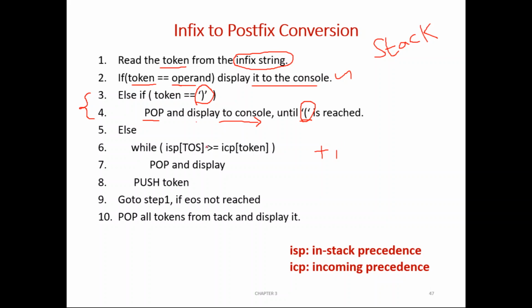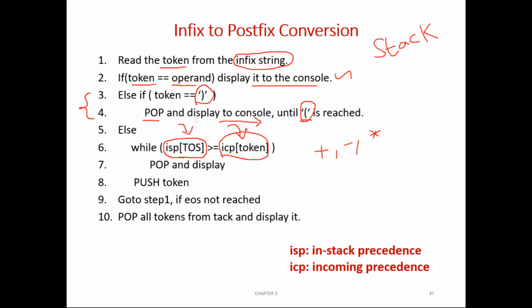So what we have to do is check the precedence of the element which is at the top of the stack, and compare that with the precedence of the incoming token, whatever it may be. The precedence level of the token at the top of the stack should be compared with the precedence level of the incoming token.